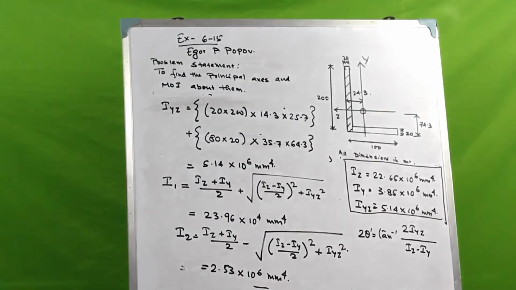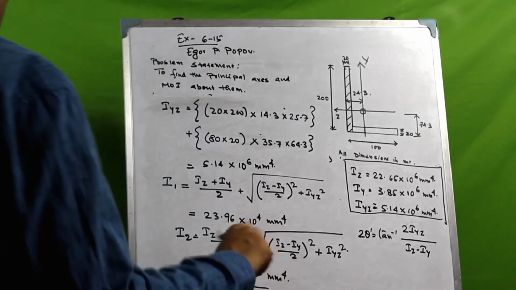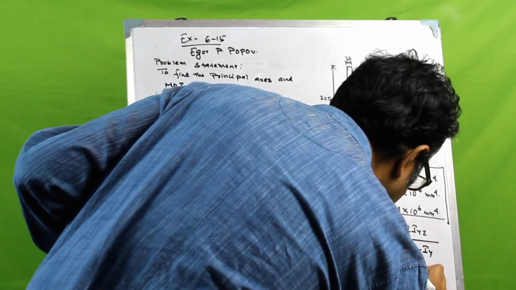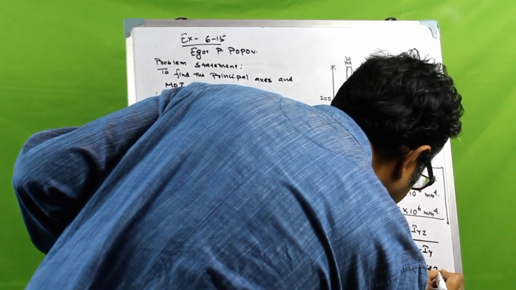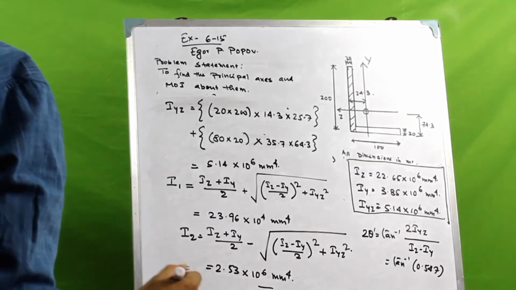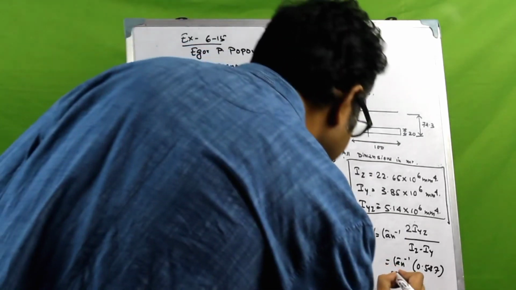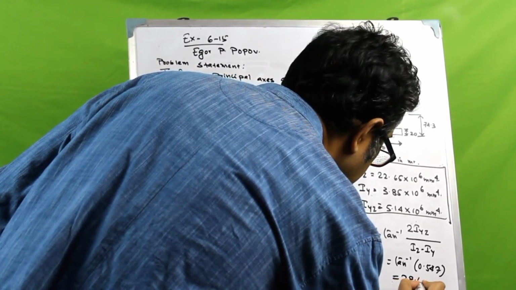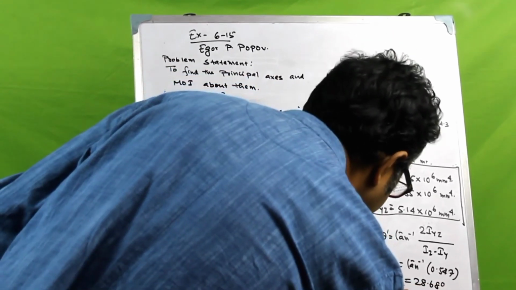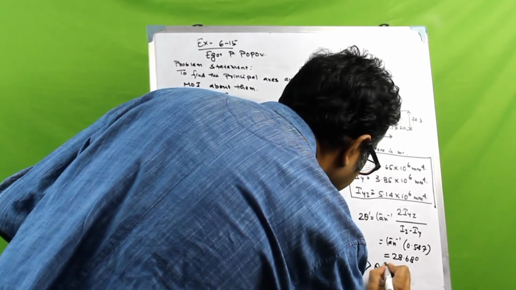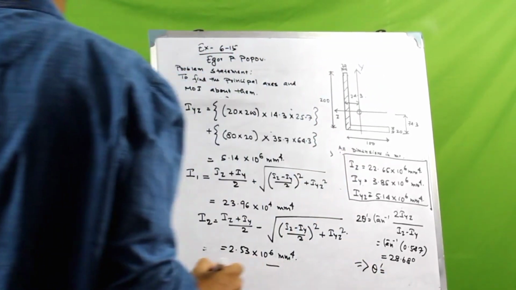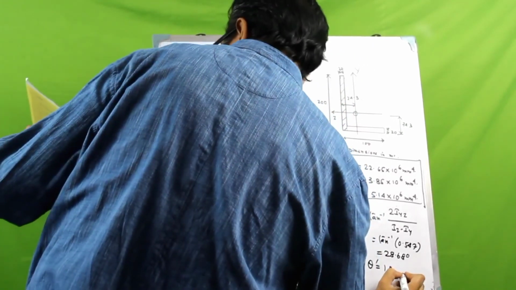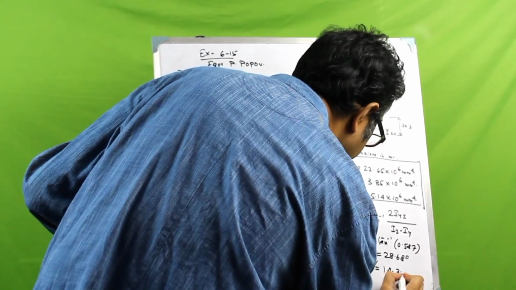and you will calculate that as tan inverse of 0.547, which would give the angle as 28.68 degrees, which would mean that theta dash would have a value of 14.34 degrees.